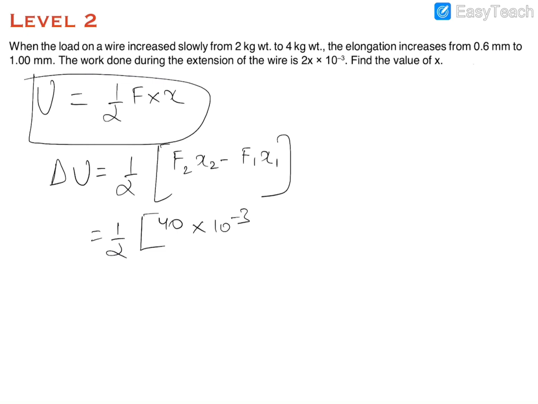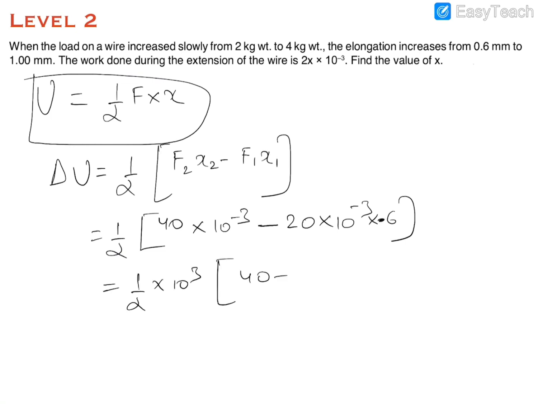And the initial extension was 0.6, so minus F1, which was 2 into 10, which is 20, into 10 raised to power minus 3 into 0.6. So this is half into 10 raised to power minus 3, and this is 40 minus 12. So this is equal to 28 by 2 into 10 raised to power minus 3. So it is 14 into 10 raised to power minus 3.